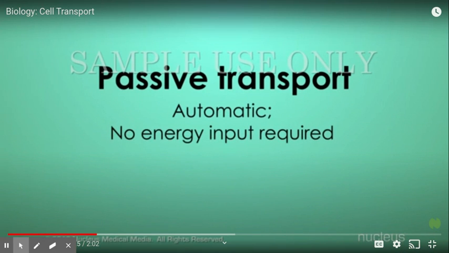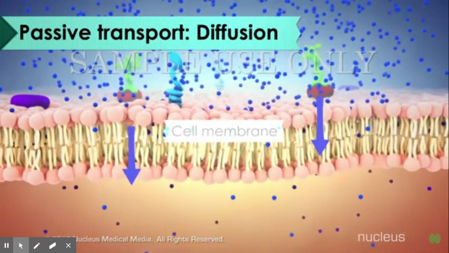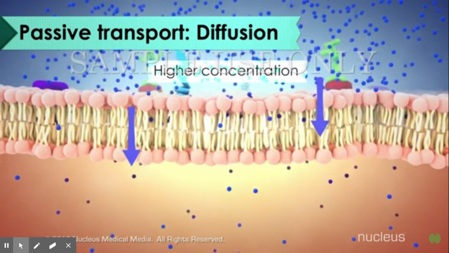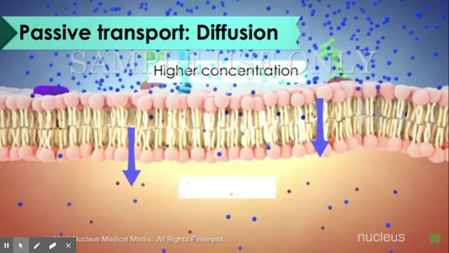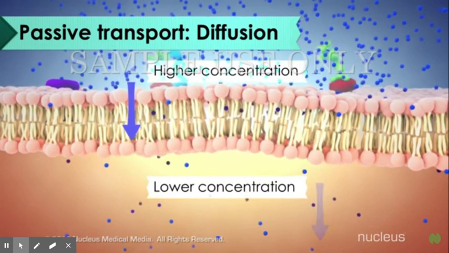For a cell, passive transport means it's an automatic process that doesn't require any input of energy. For example, diffusion is a passive process in which particles move either into or out of the cell from an area of higher concentration to an area of lower concentration. The cell doesn't use any energy when this happens.